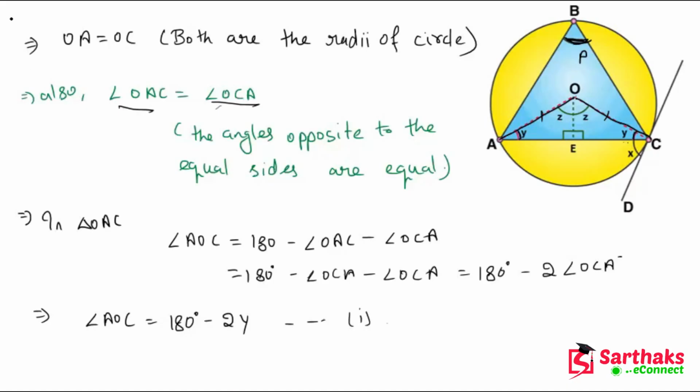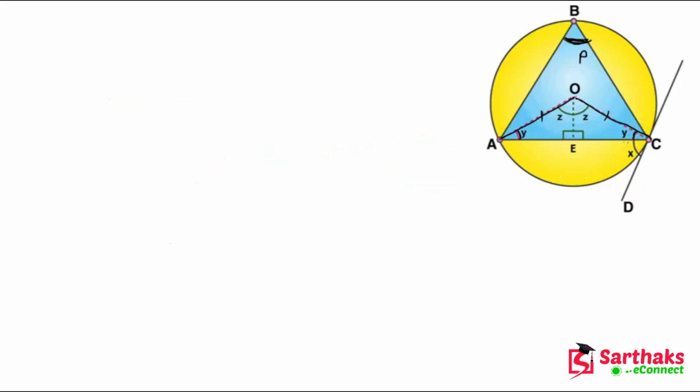Now, we know that this angle OCD is 90 degrees, because this side OC is the radius, and we know that the radius is perpendicular to the tangent.